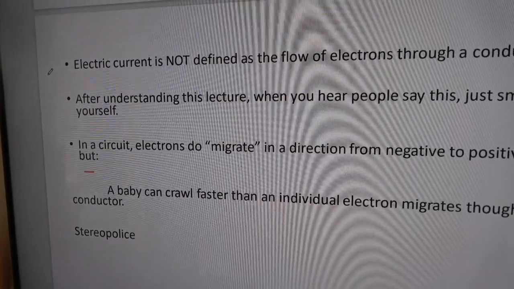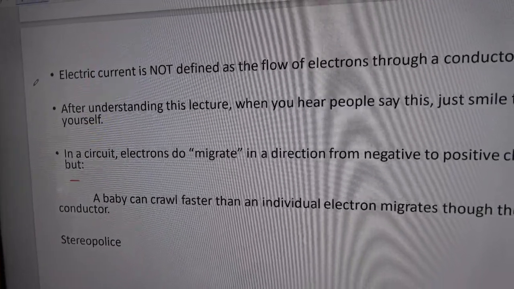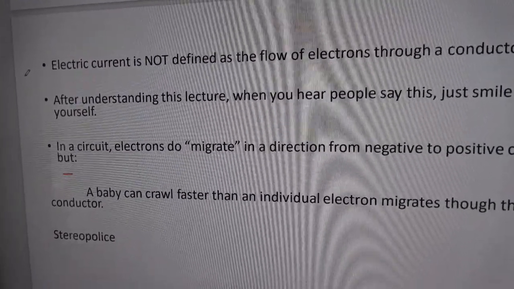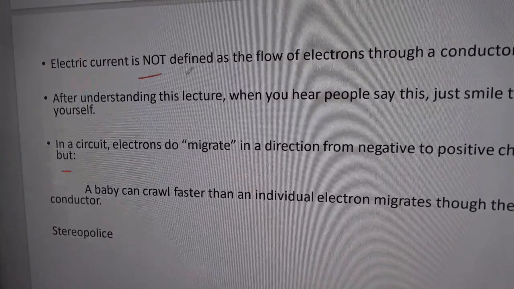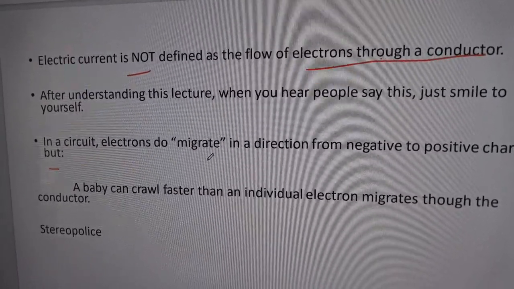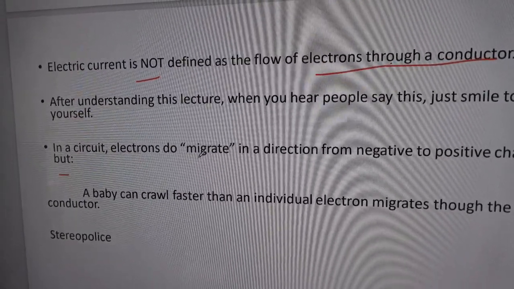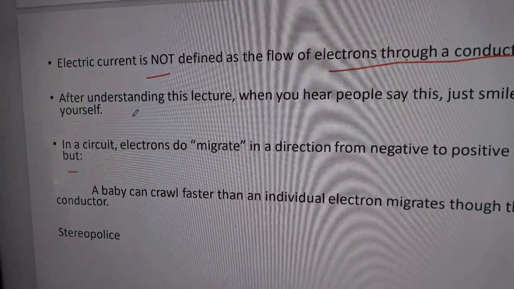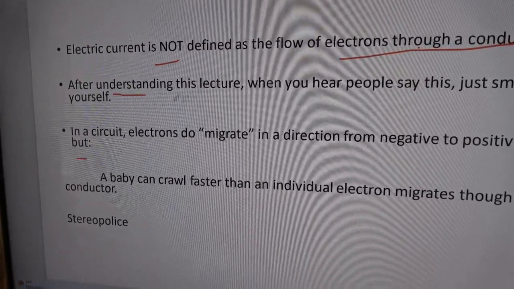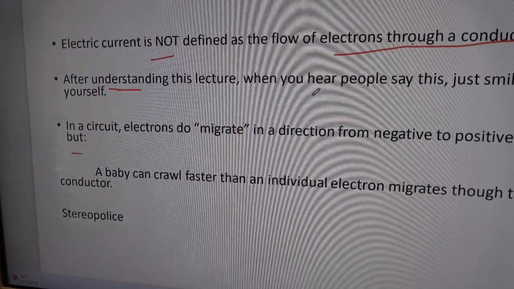Electric current is not defined as the flow of electrons through a conductor. All right? It's not. After understanding this lecture, when you hear people say this, just smile to yourself.